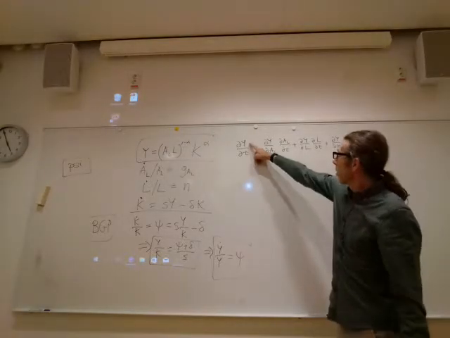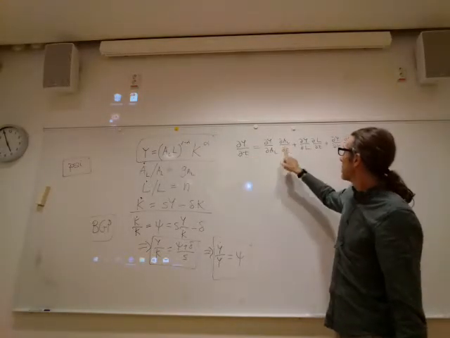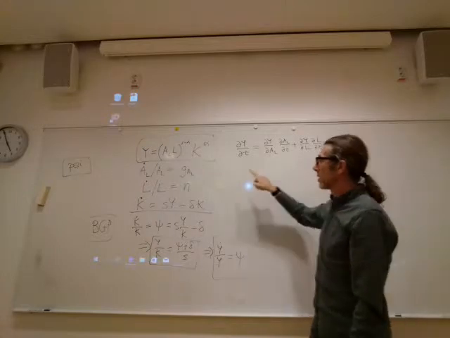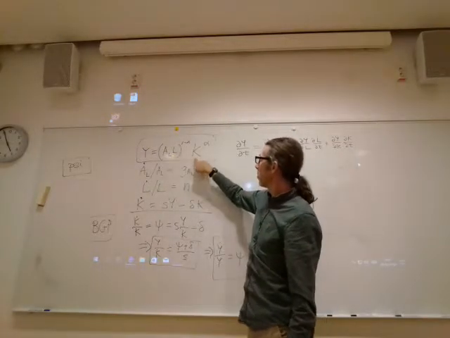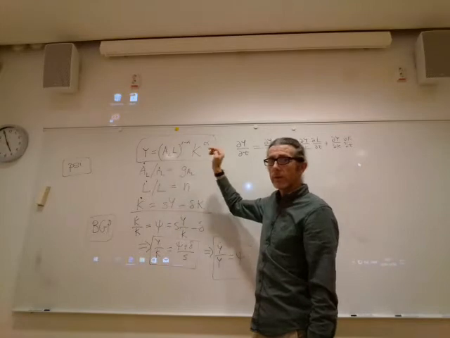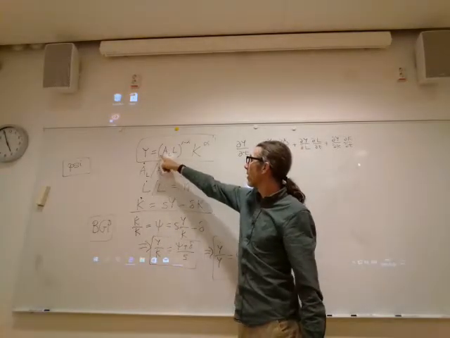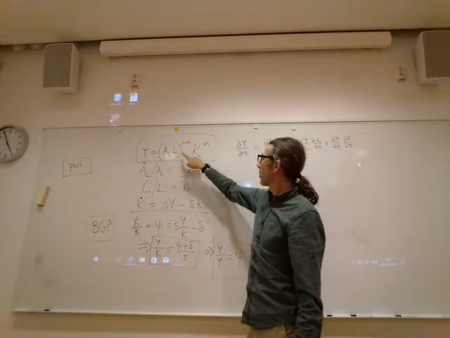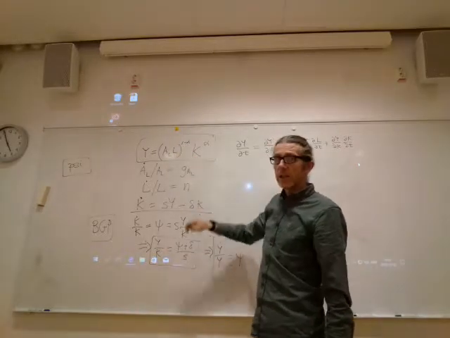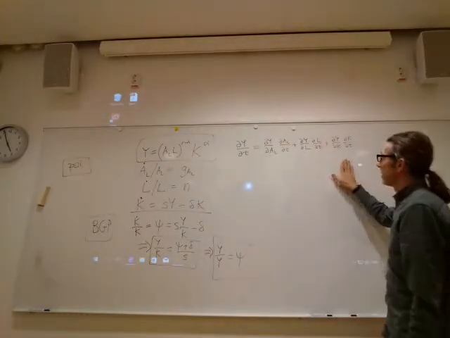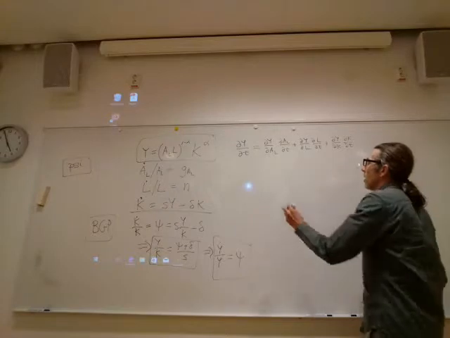So this is the total change in y over time. It's the sum of these three effects, right? Because each of these things growing will push y up, won't it? So to get the total change in y over a time period, we need to add up the three effects of these three things changing. That's what this is. Okay.